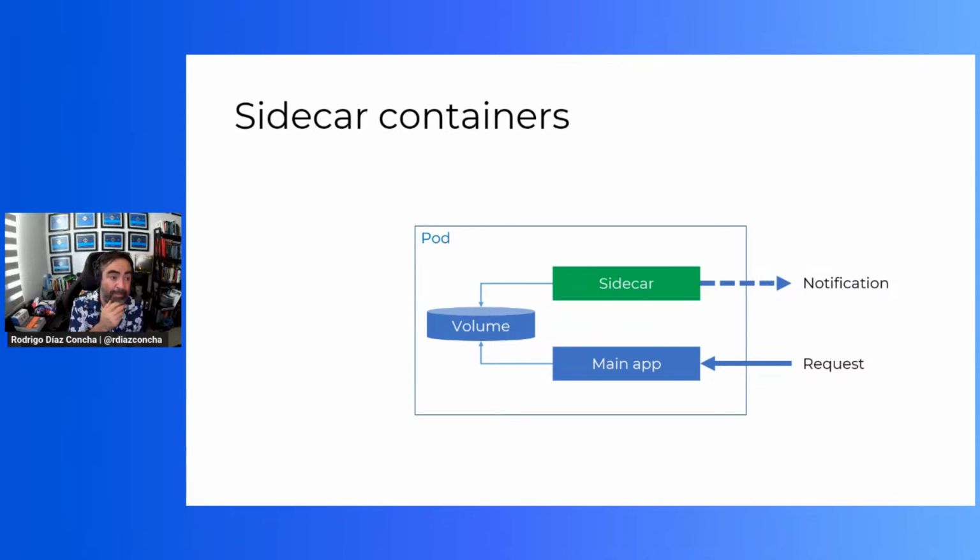This is reading data from a volume, and then, maybe the output is some kind of status or notification or something. However, the clients or other services are requesting the main application logic.